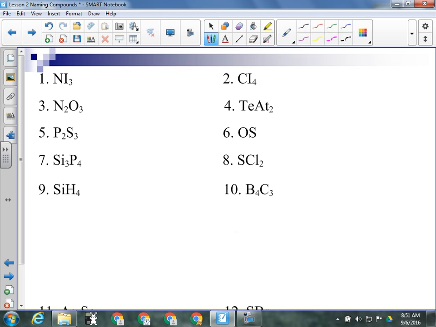All right, so for number 5, I've got phosphorus, there's 2 of them, and I've got sulfur, there's 3 of them. So what are we looking at for a name here? Right, diphosphorus trisulfide.